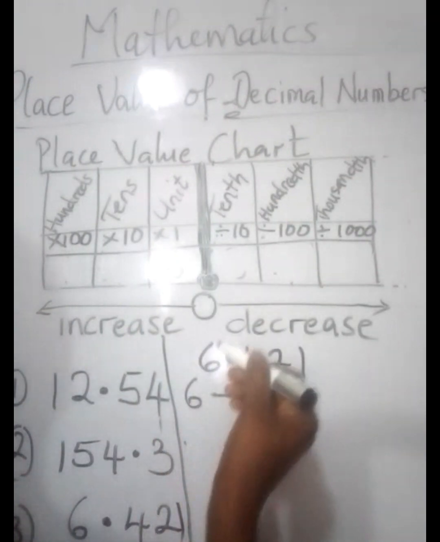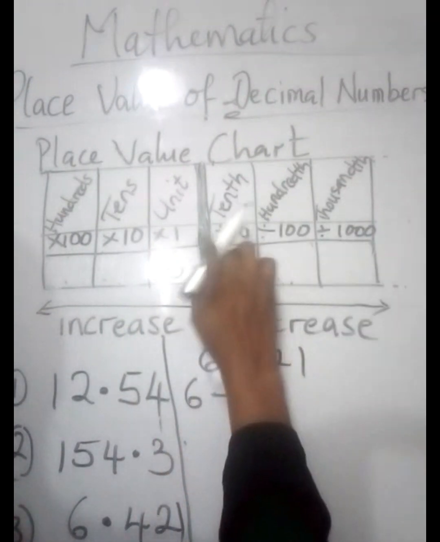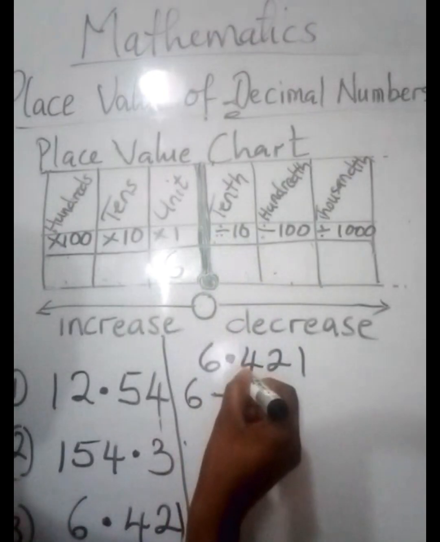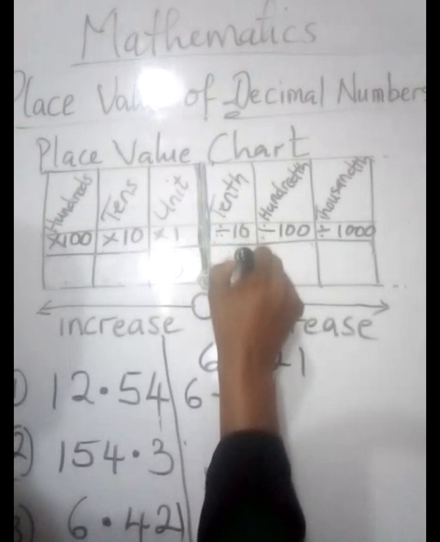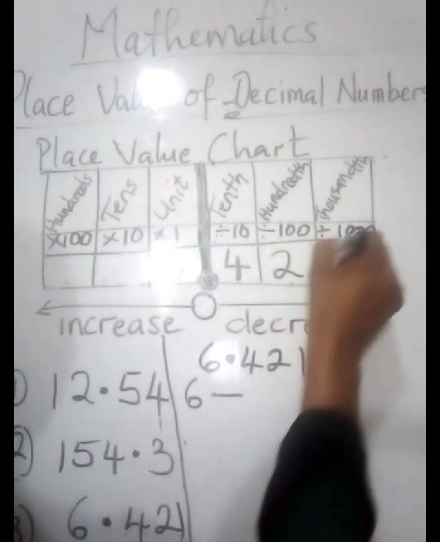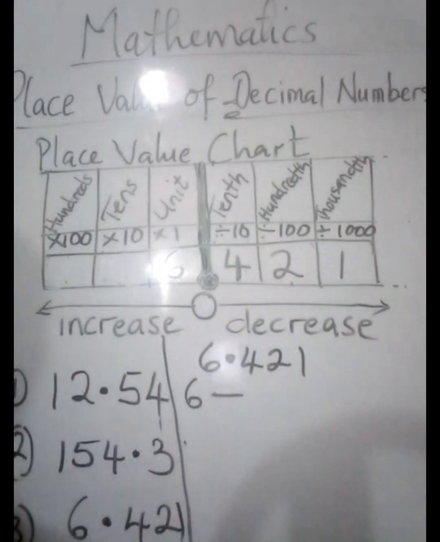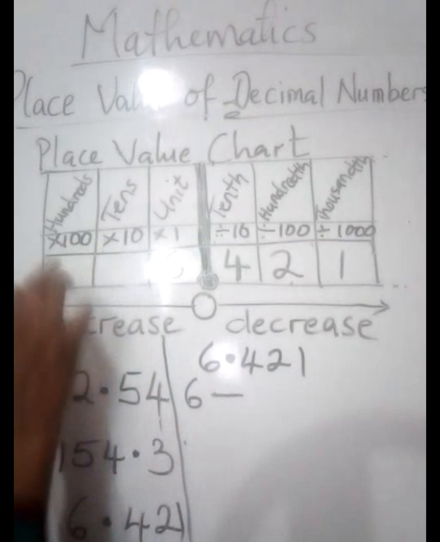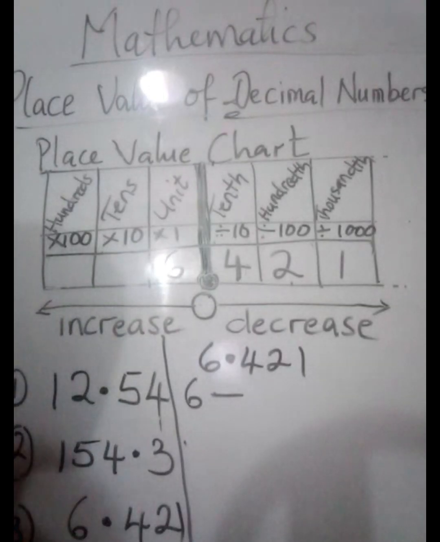Then you look at the 3 positions to the right of the point. The first digit there is 4, which comes immediately after the point, followed by 2, and then you have your 1. This is how you arrange the numbers in the place value chart.